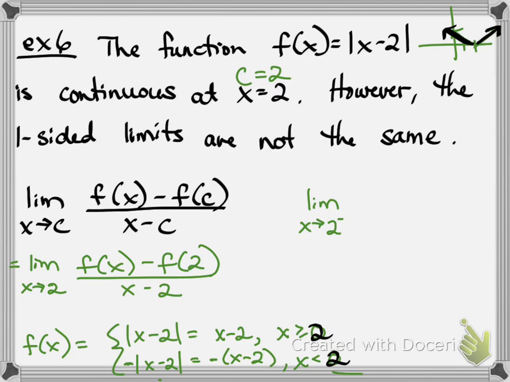So it's a piecewise function. If you're going to plug in a value less than 2, you've got to use 2 from the left. You've got to use this less than form of it, so you've got to do the negative of x minus 2. So we're going to be using this part in our alternate form.